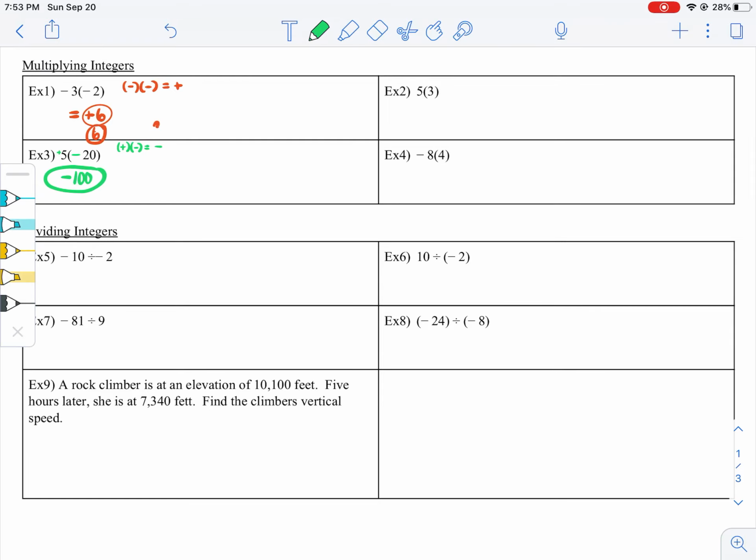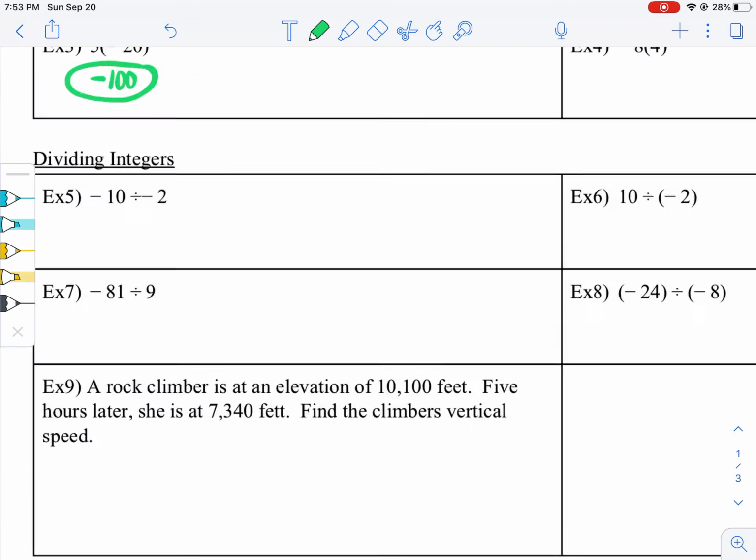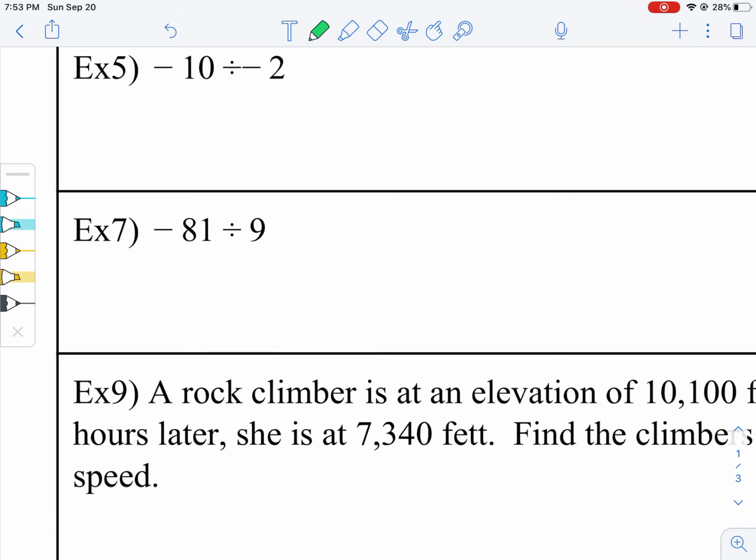And now let's just do a division. We have a negative divided by a positive, which is a negative. So we know the answer is going to be negative, and 81 divided by 9 is 9.